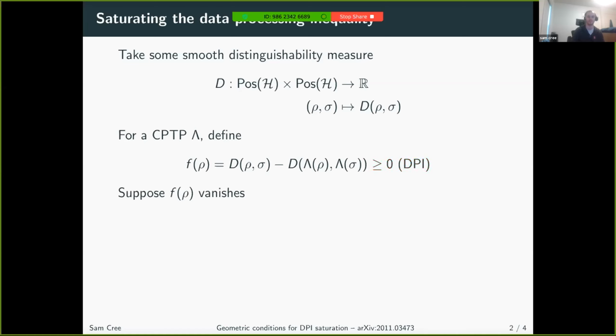And it relies on a fairly straightforward observation, which is just that if this function vanishes, then it is attaining its minimum. So whenever this distinguishability measure is smooth, we can make a statement about the fact that a function attaining its minimum implies its gradient must vanish.